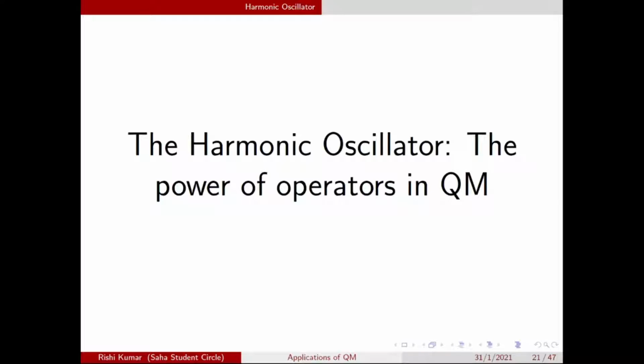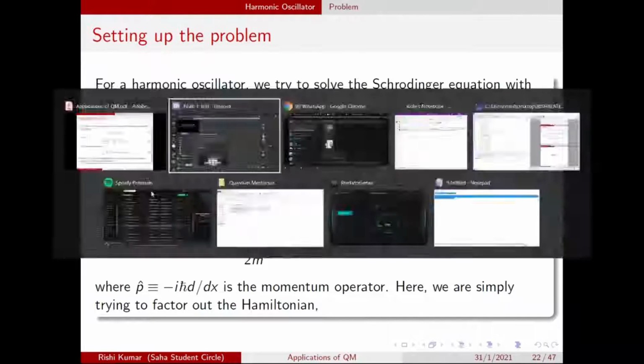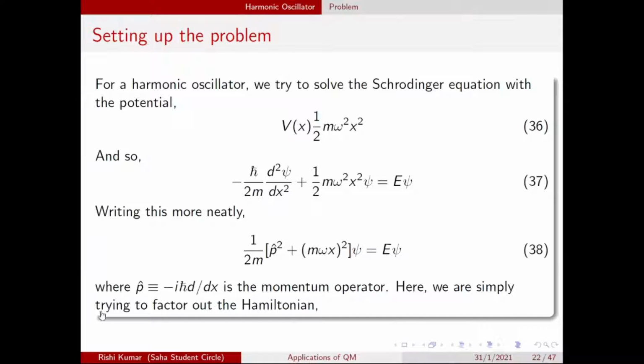After this lecture is finished, you can take a look at the analytical method, and you'll see how much simpler this operator method is, and you'll begin to appreciate how efficient operators are for solving a lot of problems in quantum mechanics, not just the harmonic oscillator.